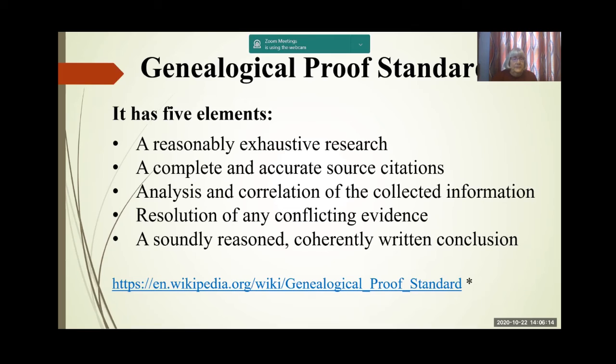Basically, cite your sources, find all the records you can, analyze the data. You will find a lot of conflicting evidence, especially if the names are common. And then if you're producing a report, you want a well-written conclusion.